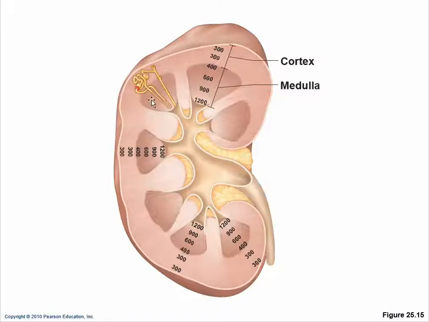But as the water gets reabsorbed, that means the concentration of sodium in the filtrate goes way up because you're taking away water, not sodium. So the concentration of sodium is very high in the ascending limb, where we have sodium-potassium pumps.